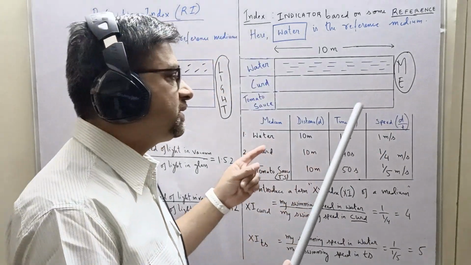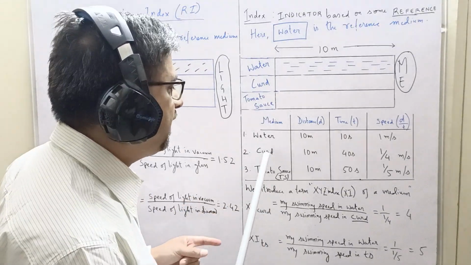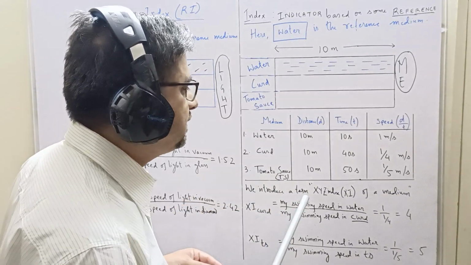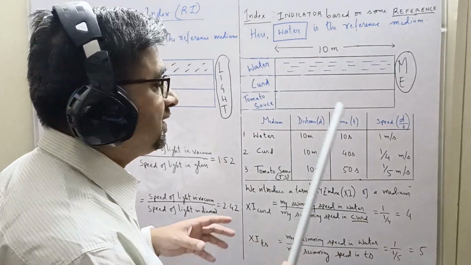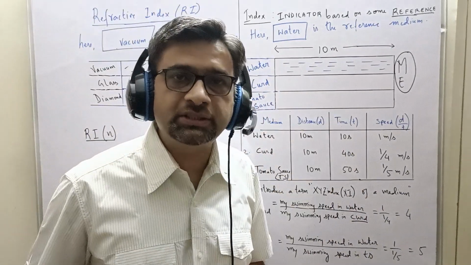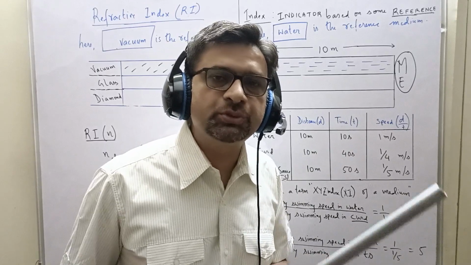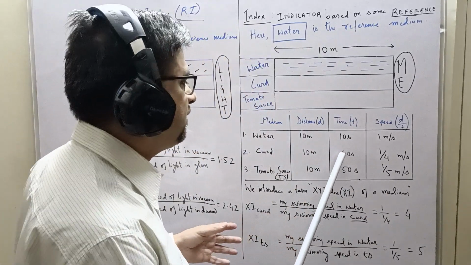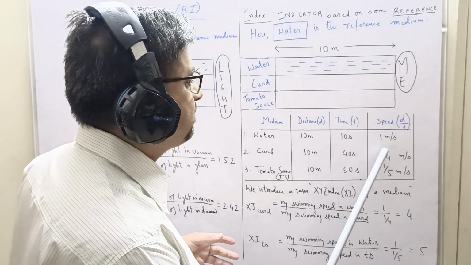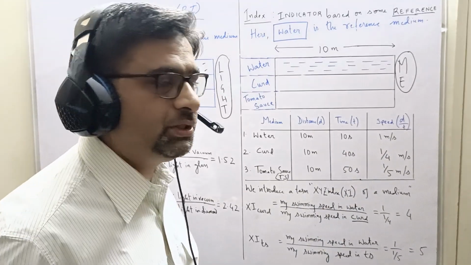Let's now see how I perform in curd. When I swim in curd, because curd is thicker, it offers more resistance. Understandably, I took longer to swim this distance of 10 meters. This time I took 40 seconds and my speed was 1 by 4 meter per second.